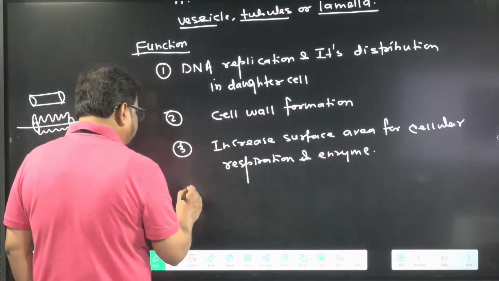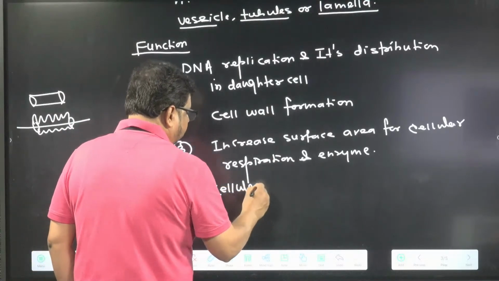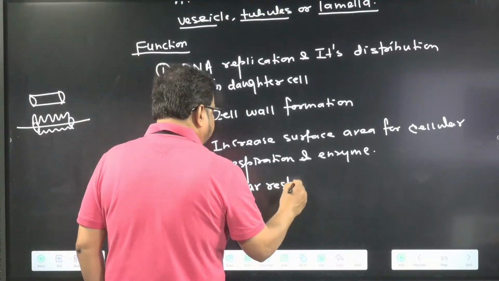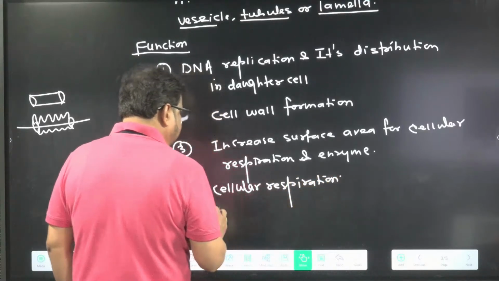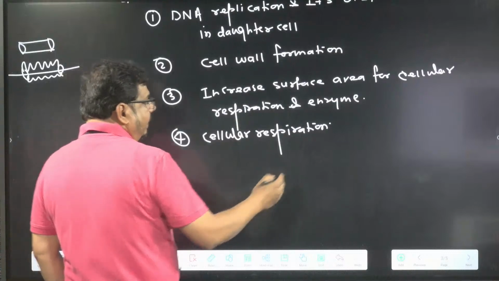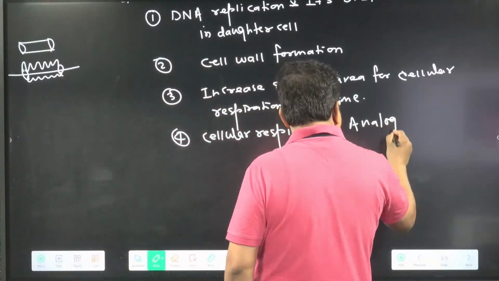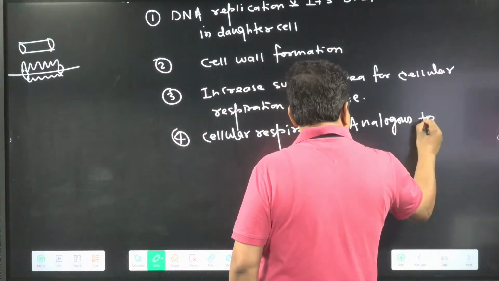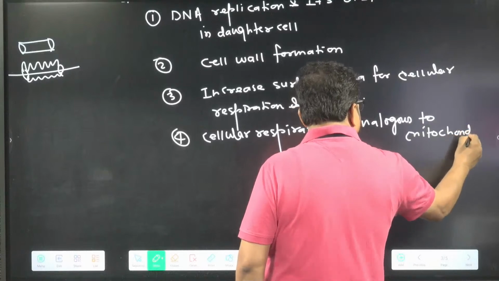Another function is cellular respiration. This is another function of which one? Mesosome. Cellular respiration means it is analogous to which cell organelle? Mitochondria.